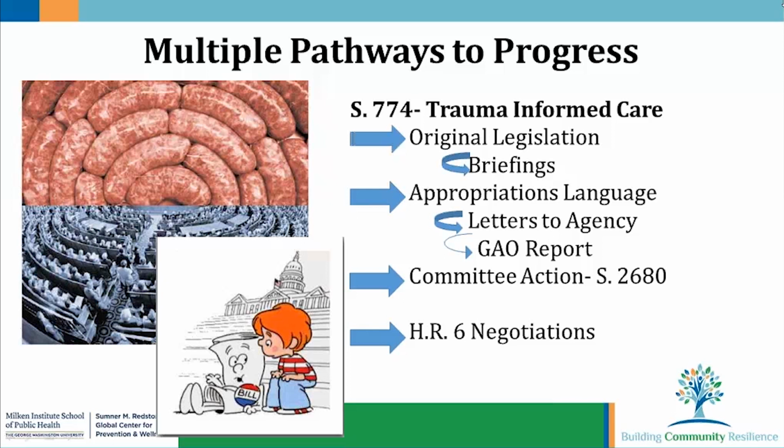So this bill started out as a big comprehensive bill to address trauma in various ways, and it led to various spin-off projects, including appropriations language, work with agencies, a GAO report, and finally with several provisions being pulled out of that bill and landing in the Opioid Crisis Response Act, which actually just passed the Senate last night, and it's now being conferenced or negotiated between the House and the Senate.